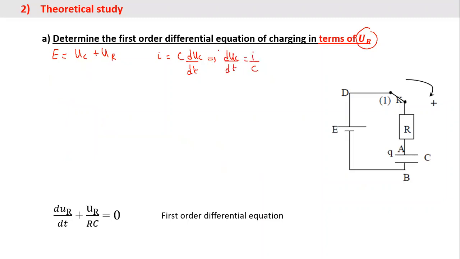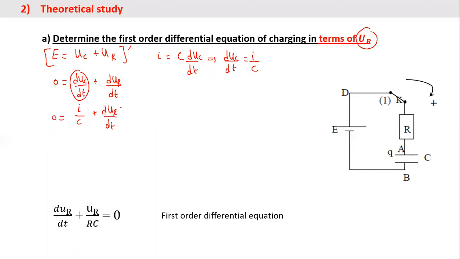So I must now take a derivative here, and then we'll have 0 equal duC by dt plus duR by dt. But this is not done since here we have duC by dt. So I can put here I over C. So we'll have I over C plus duR by dt equal to 0.